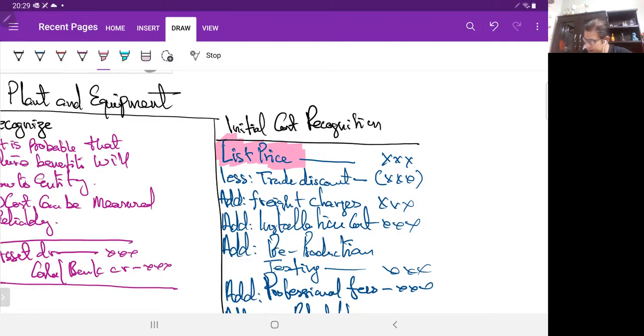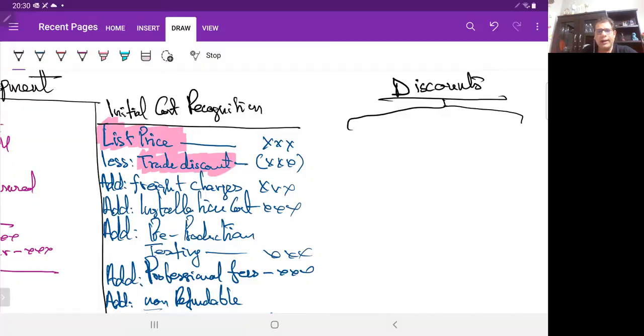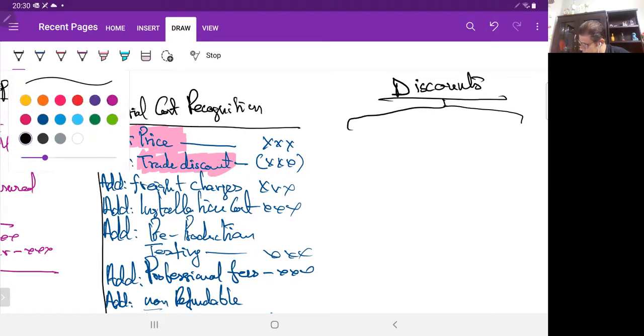Now the question is about trade discount and cash discount. I hope you remember we have two types of discount, trade discount and cash discount.